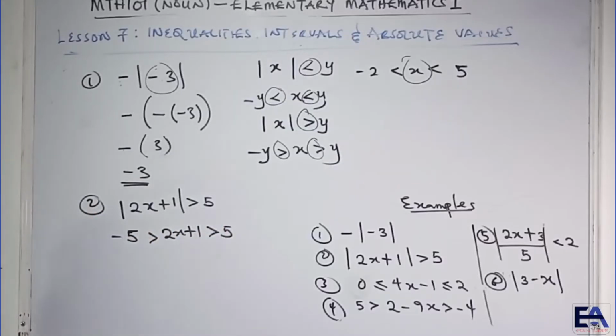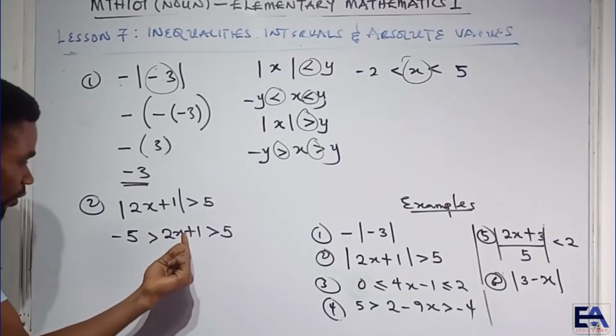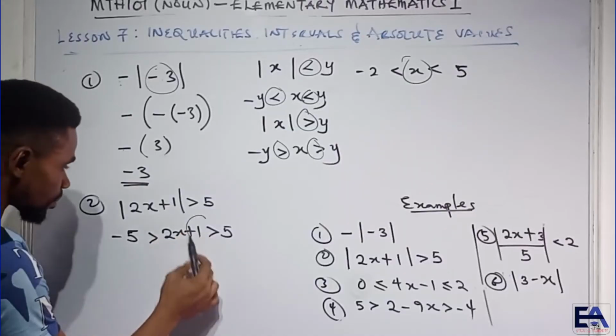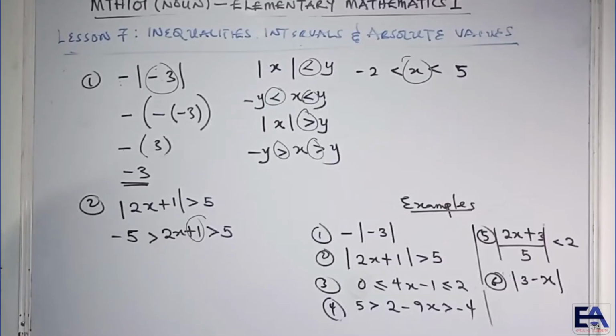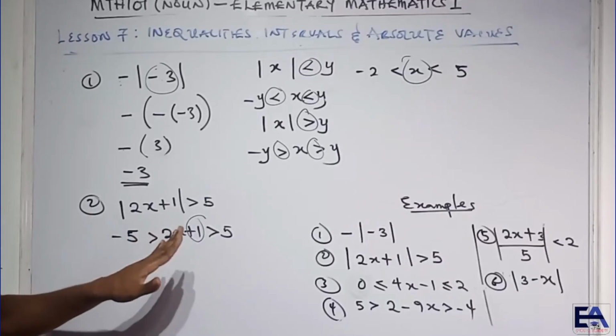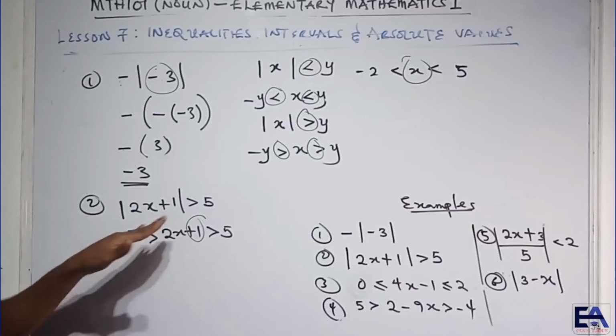Now, how do we undo that? We undo that by finding means to remove every other thing that is disturbing x. For instance, plus 1 is disturbing x, right? If I want to remove plus 1 here, because this one is multiplication, I need to deal with the lower one first, then I will get to the higher one.